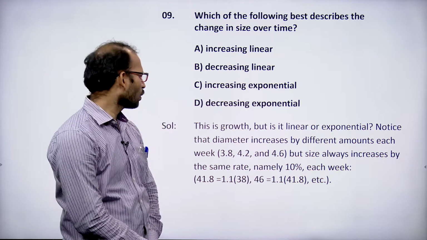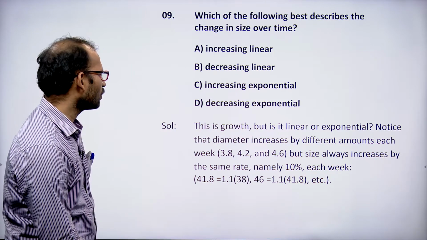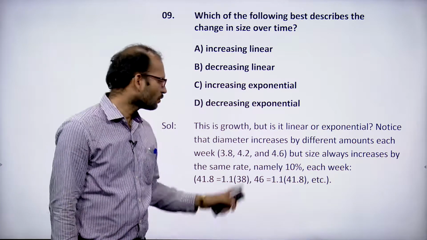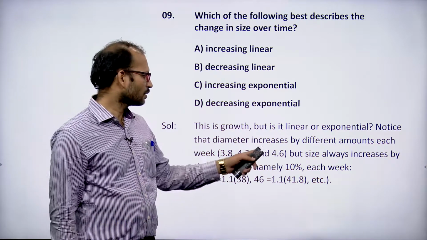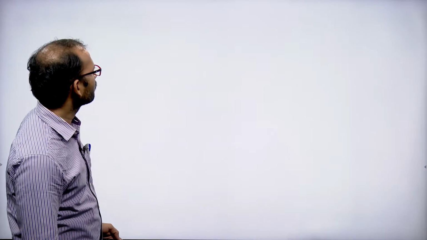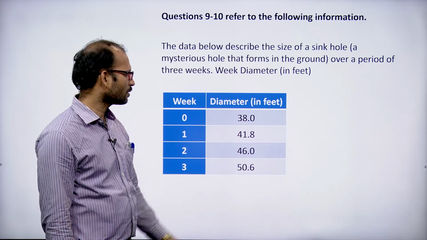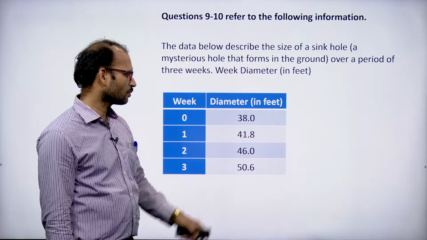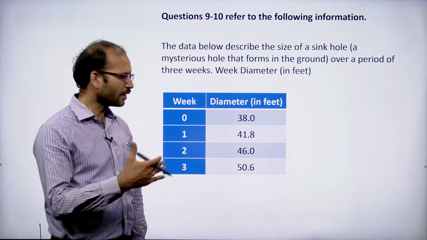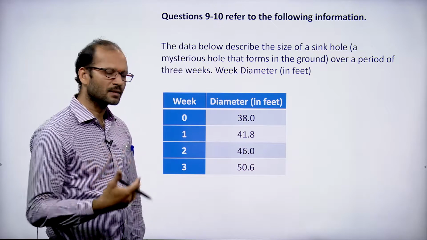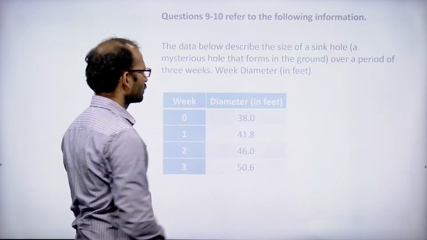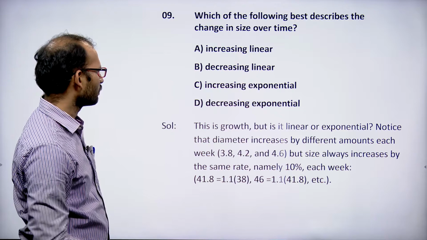Notice that the diameter increases by a different amount each week: 3.8, 4.2, and 4.6. So the difference is not the same.